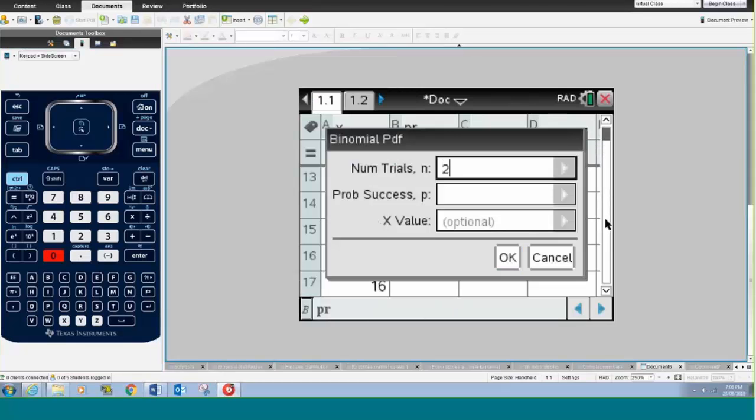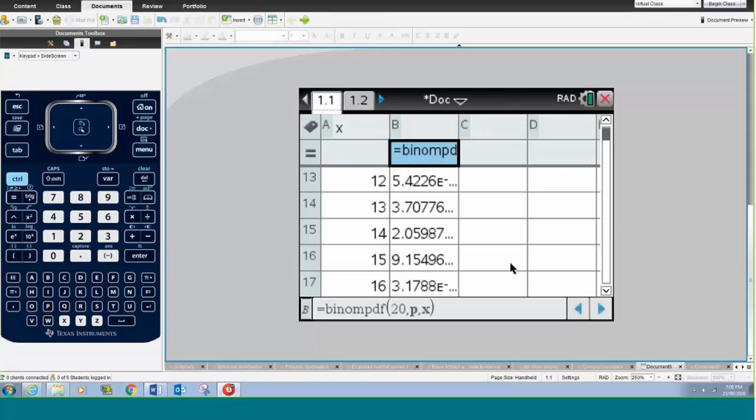This time the number of trials is 20, the probability of success is P and my X value is X. If I enter this, I get the initial value because I had the P value prepared.